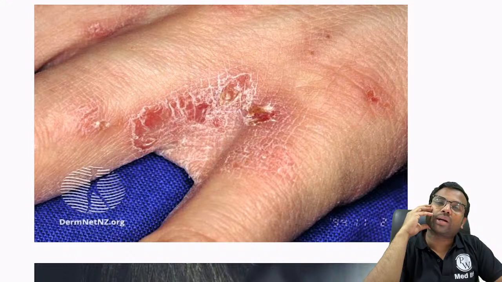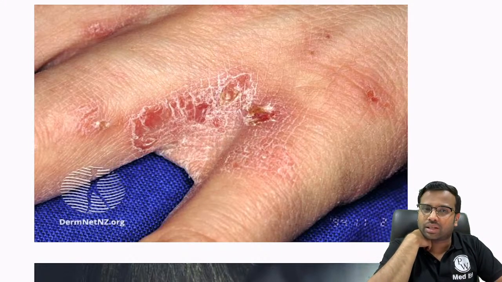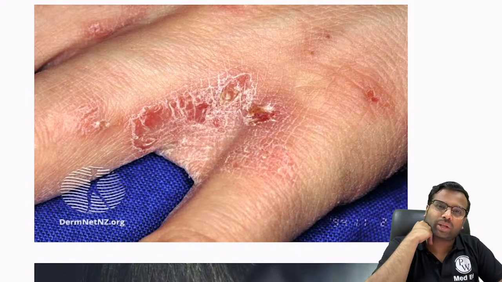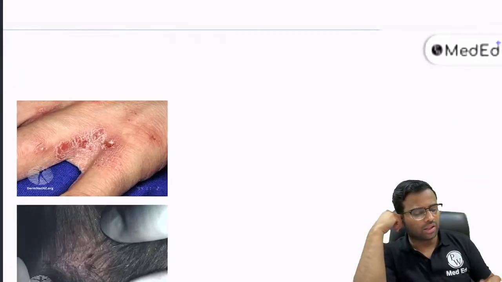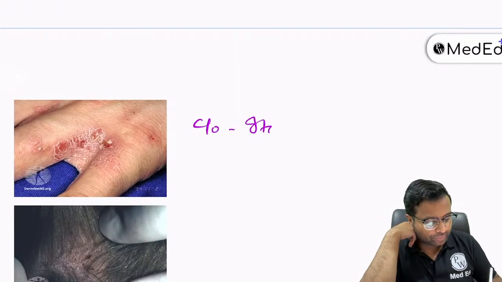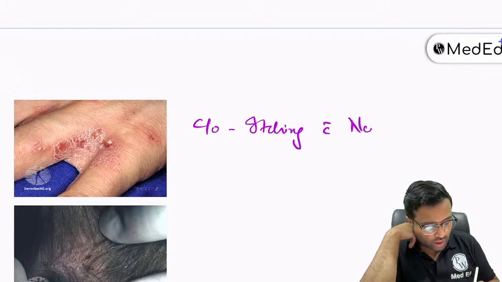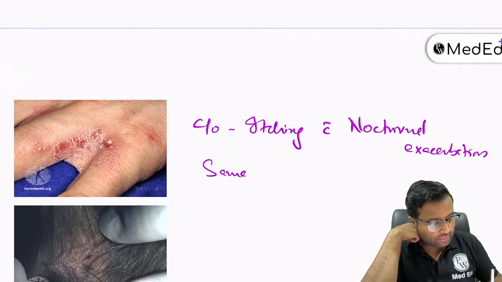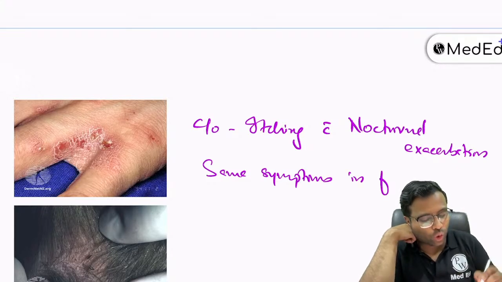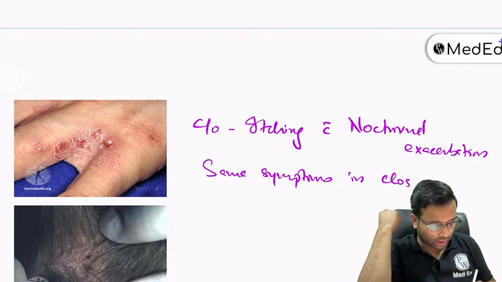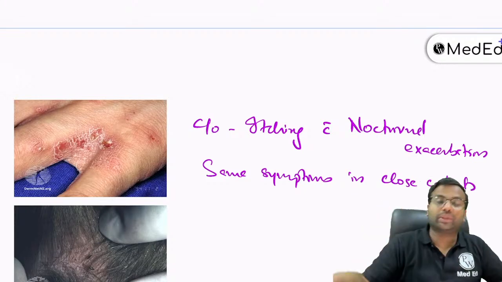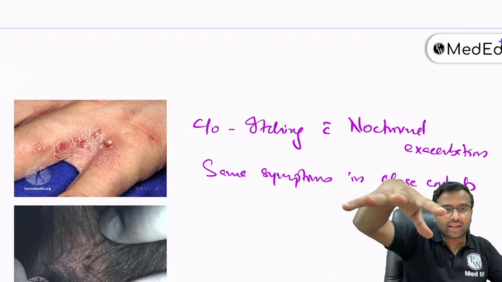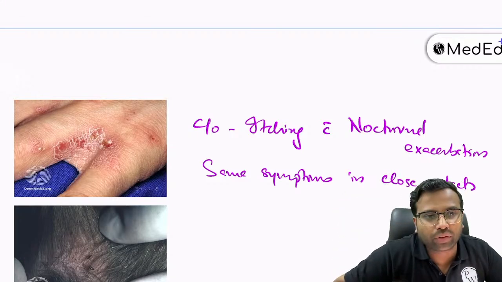And the problem is that it's not just me who is having the itching, my family members are also having similar symptoms now. Everyone has the same complaint: a lot of itching with nocturnal exacerbation and same symptoms in family members, or let's say close contacts. Now, when the history is something like this, and you can see that in between the fingers there is some kind of a lesion as well.